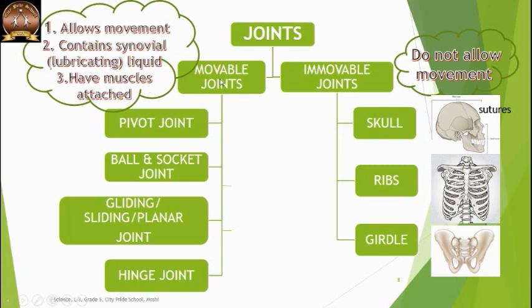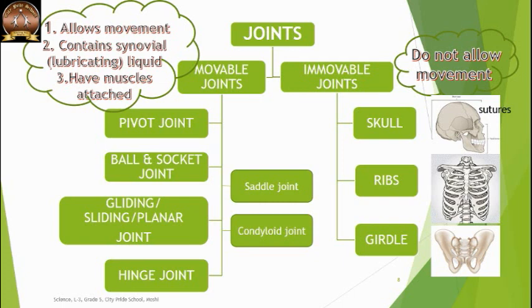We are going to learn about 4 different types of movable joints: the pivot joint, ball and socket joint, gliding, sliding or planar joint, and hinge joint. In addition to these, there are 2 other types of movable joints too, which are called the saddle joint and the condyloid joint. But we will not be talking about these in this video.